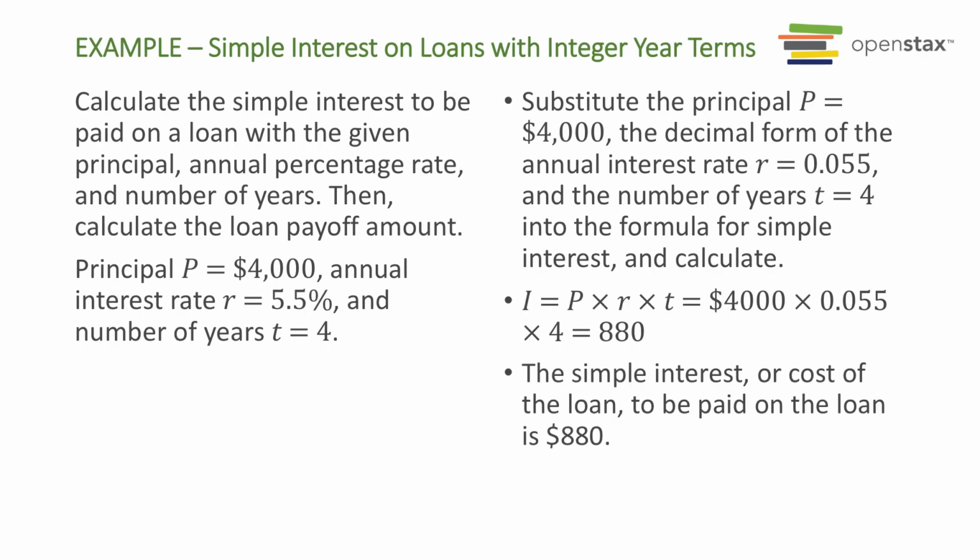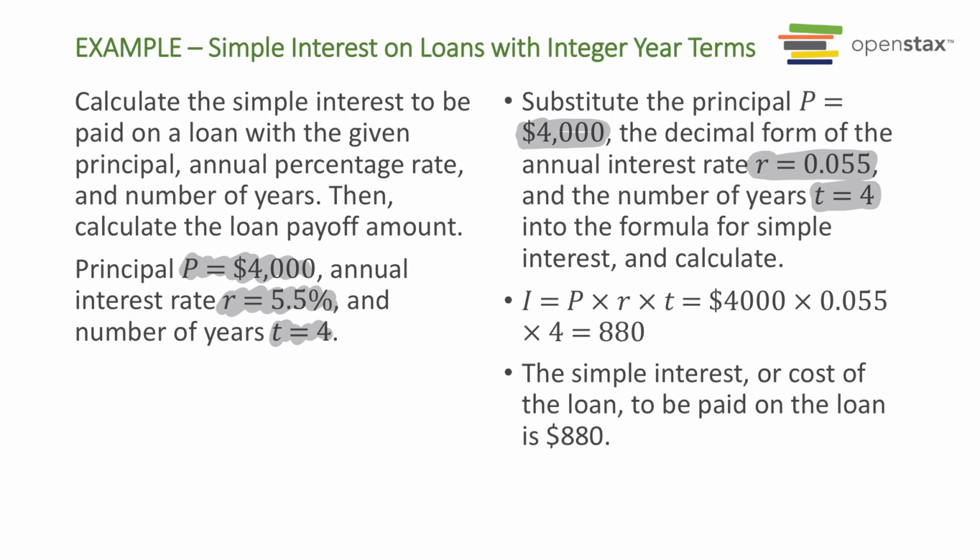So let's look at a quick example. Calculate the simple interest to be paid on a loan with a principal amount of $4,000, an APR of 5.5%, and the term length of the loan is 4 years. First, we'll calculate the interest. We'll take 4,000 and multiply it by the rate, which we convert to a decimal, and the time in years, so t equals 4.